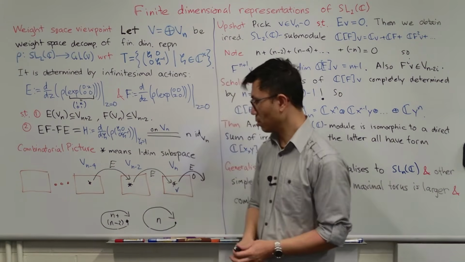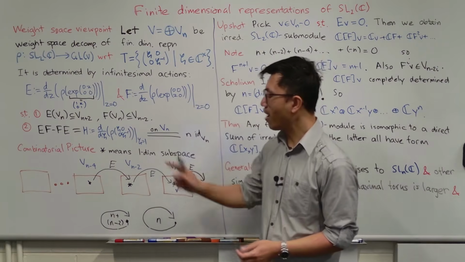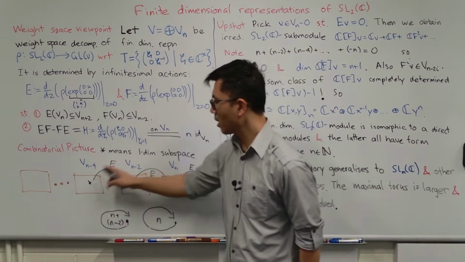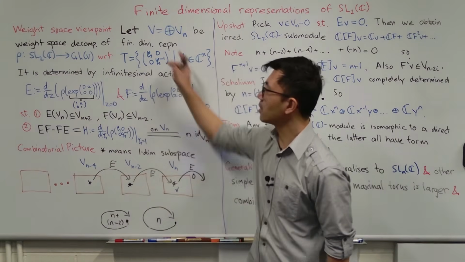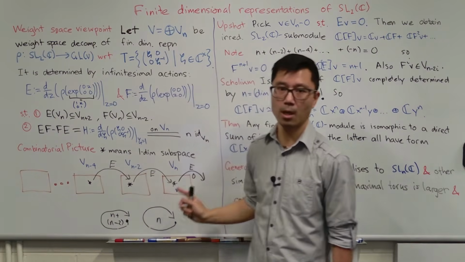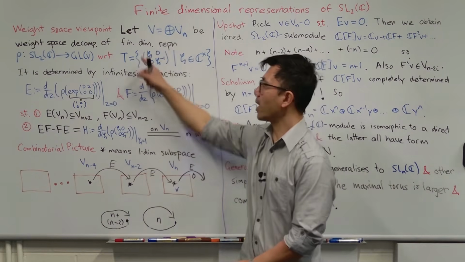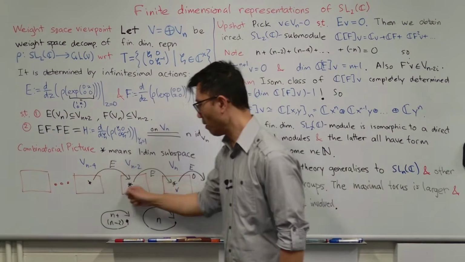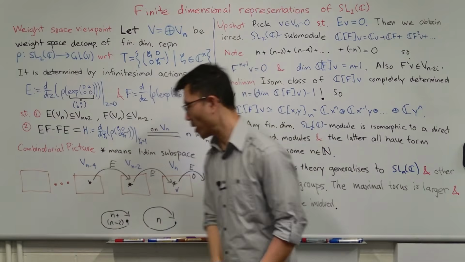So what else can we do? Well, now we can also apply F. So remember, if you look at the span of these three subspaces, this is closed under the action of the torus because this is a direct sum of weight spaces. So to be closed under the action of the torus is quite simple. You just need a sum of subspaces of each of these weight spaces.